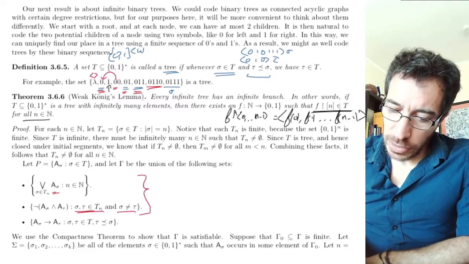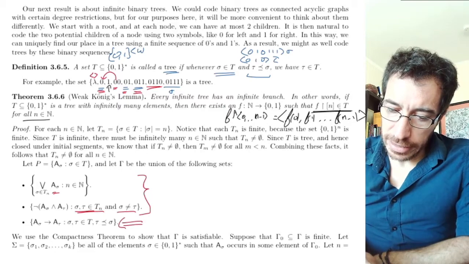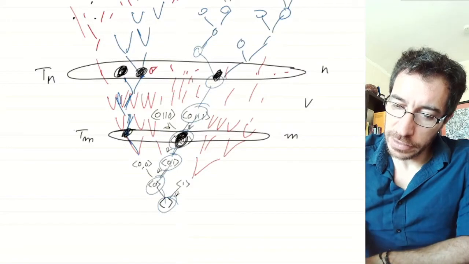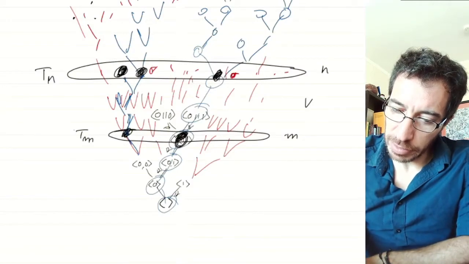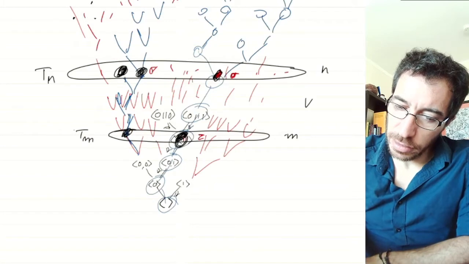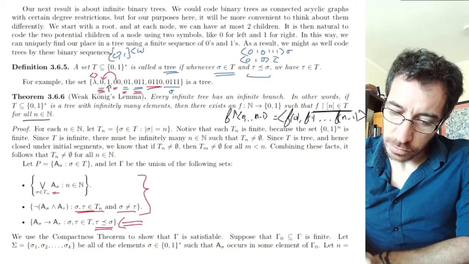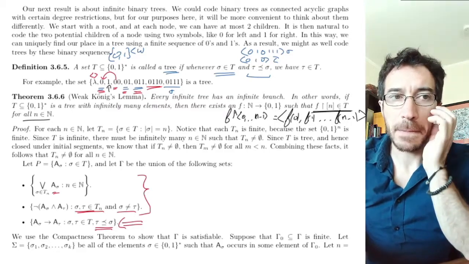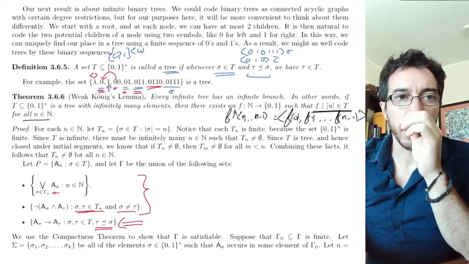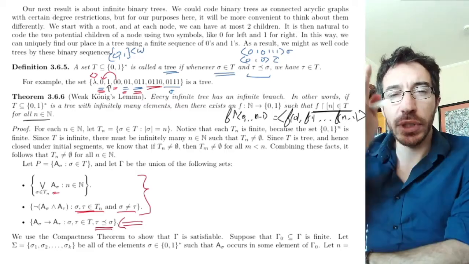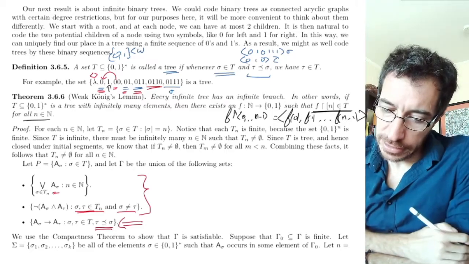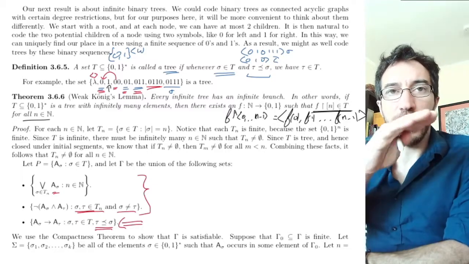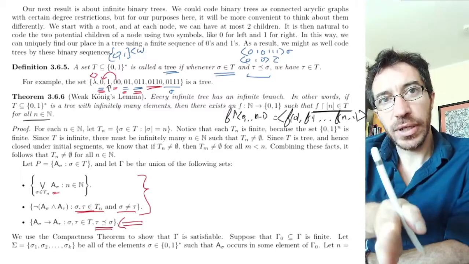And then this one up here is saying that if sigma is an extension of tau, look at the picture always, with sigma down here and tau up here, then if A sigma is true, then A tau is true. So for each level there is a unique one, and then it has to be closed downwards.